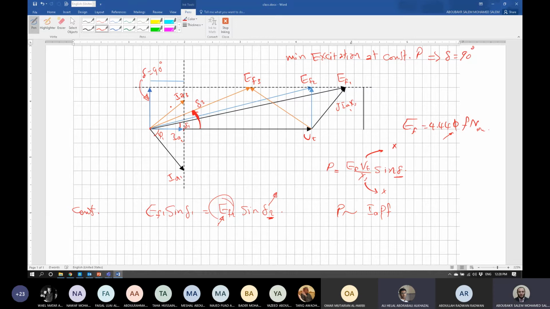At sorry, phi, unity power factor. Sorry, phi equals 0, not delta. Yeah, phi equals 0. You are right. So this means that if we said minimum armature current, this leads to you have unity power factor.